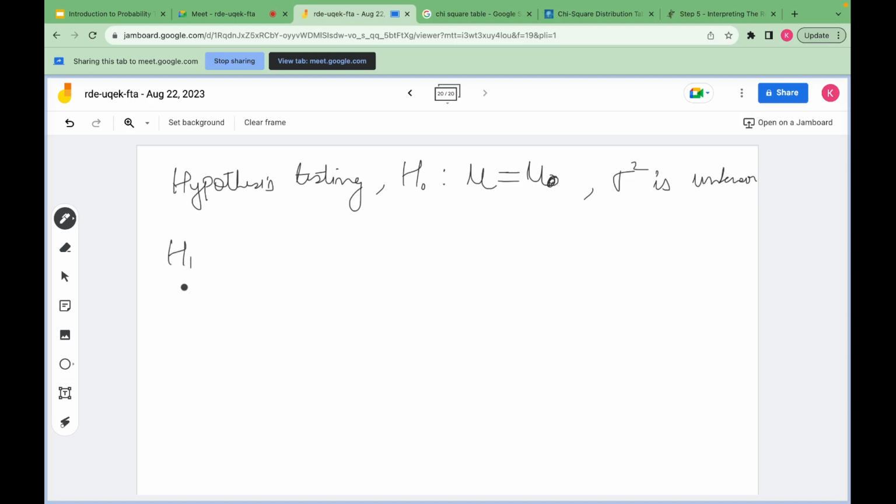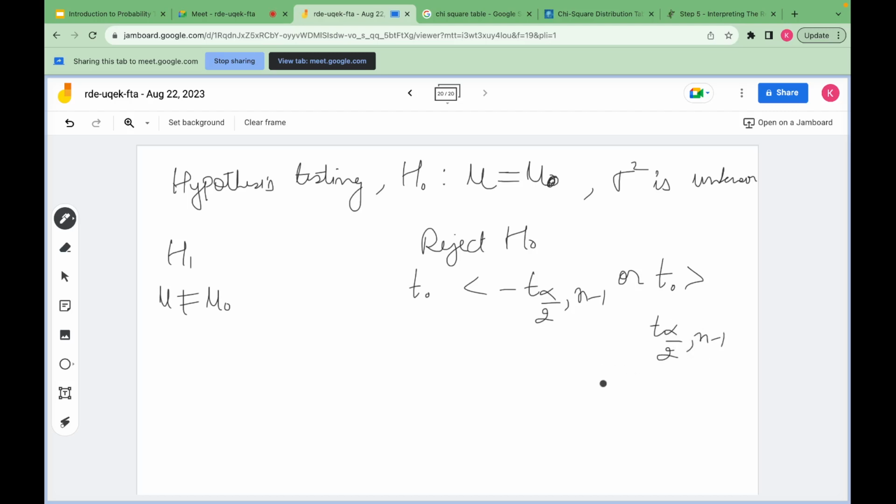In that case, if H1 is mu not equal to mu naught, then we will reject our H0 when we find the value t naught, if it is less than minus t alpha by 2 comma n minus 1, or t naught is greater than t alpha by 2 comma n minus 1.